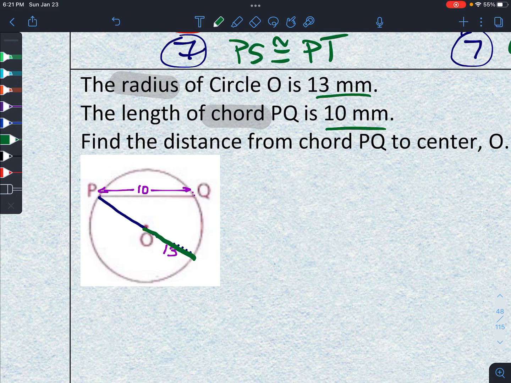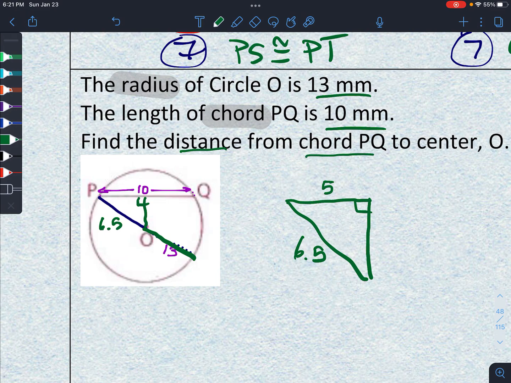Well, immediately we know that then the half chord is 5, and the radius is 6.5, half of 13. And then let's make a right triangle by drawing a line which is perpendicular. So now I have a right triangle, and I know that one leg is 5. The hypotenuse is 6.5. And then I want to find the distance from the chord to the center. And that is that distance right there.